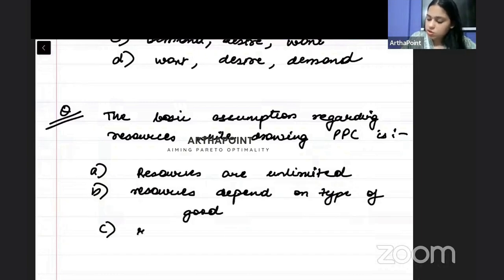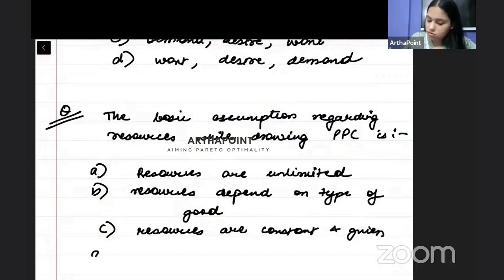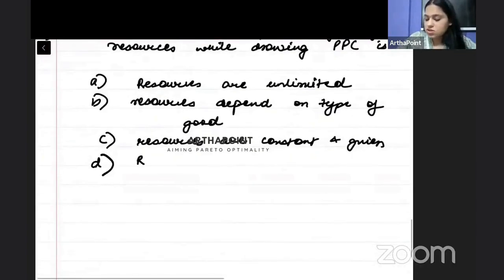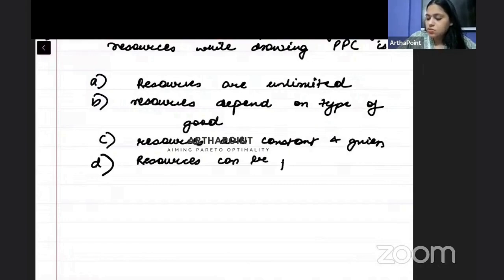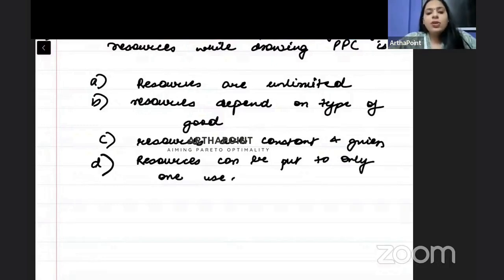Third, resources are constant and given. And fourth, you have resources that can be put to only one use. So which of the following is a basic assumption of production possibility frontier? Whenever we draw a PPC, what is a basic assumption of PPC?